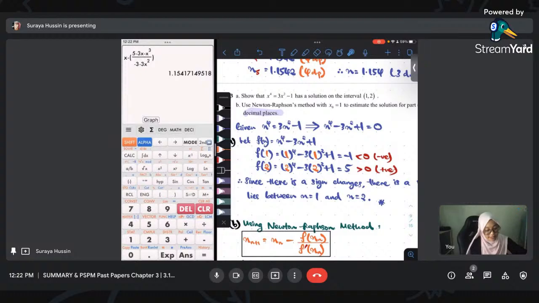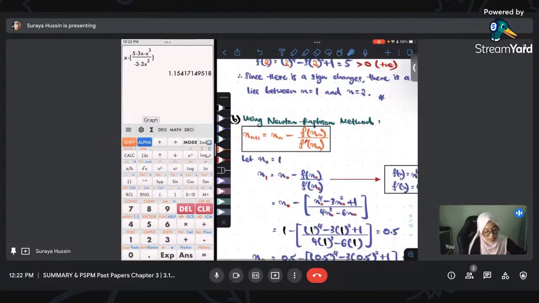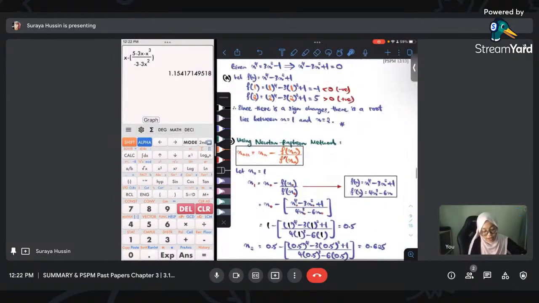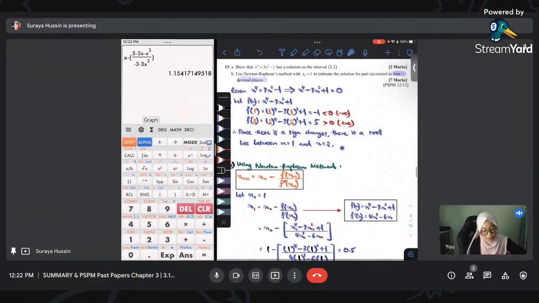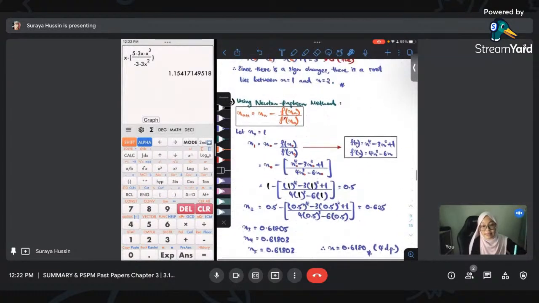Okay, guys? So this is the solution untuk nombor 13. So I don't have to repeat this. Just have a look at the answer over here. So this is the kotak yang wajib ditulis.